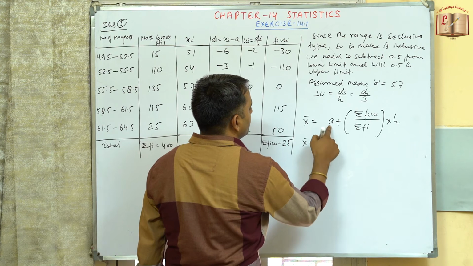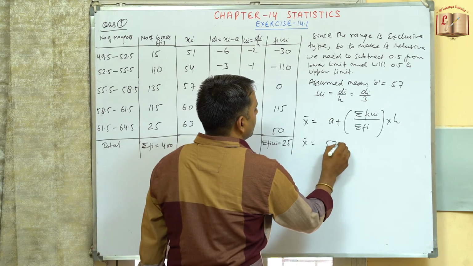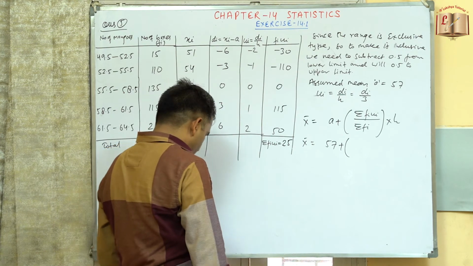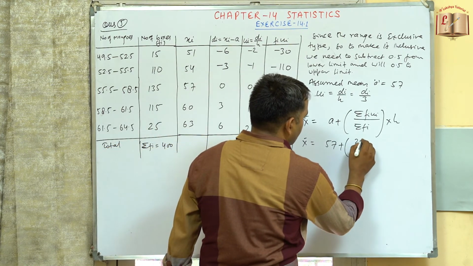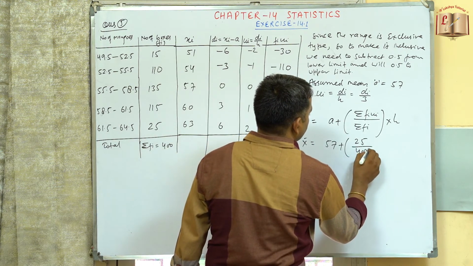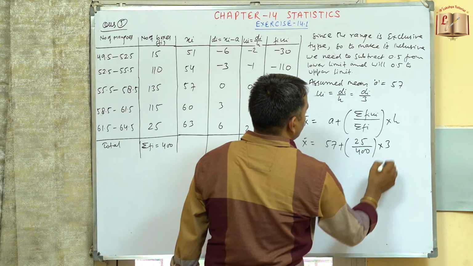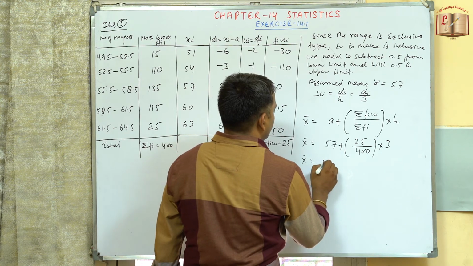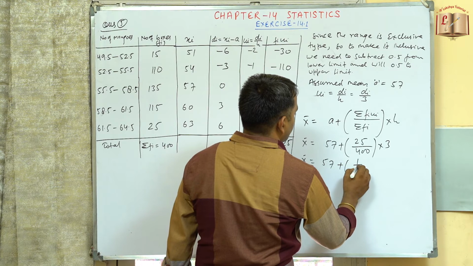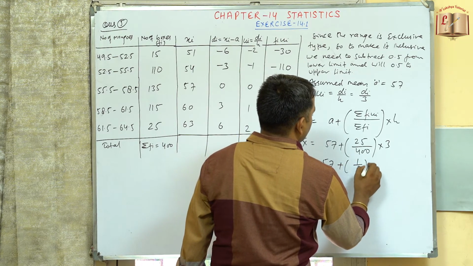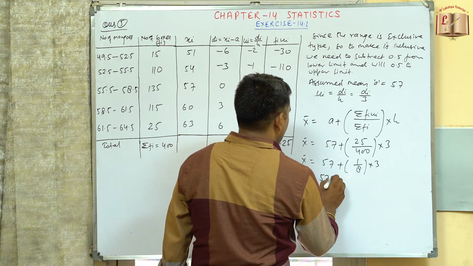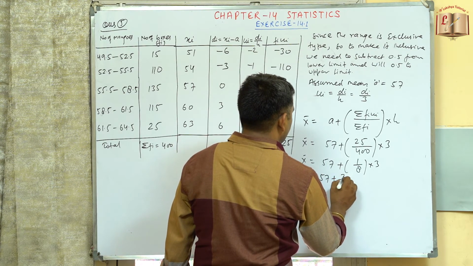So mean equals to a is 57 plus sigma ui fi is 25, we have already calculated, divided by sigma fi, sum of the frequencies 400 given, into 3. So x bar will be equals to 57 plus, this will be 1 by 8 times into 3. So x bar will be equals to 57 plus 3 by 8.